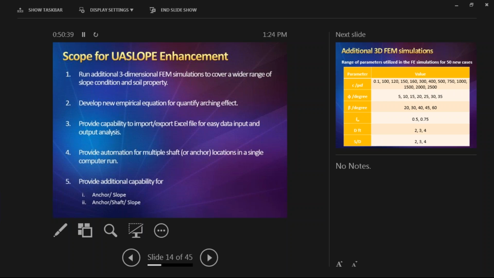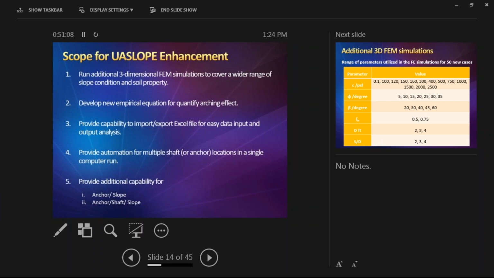We want to look at a failure surface that's not circular or curved, but a straight-line type of failure plane. Based on these additional finite element simulation results, we can develop a new empirical equation to quantify the arching effect, and we can also eliminate some of the issues related to the previous equation.